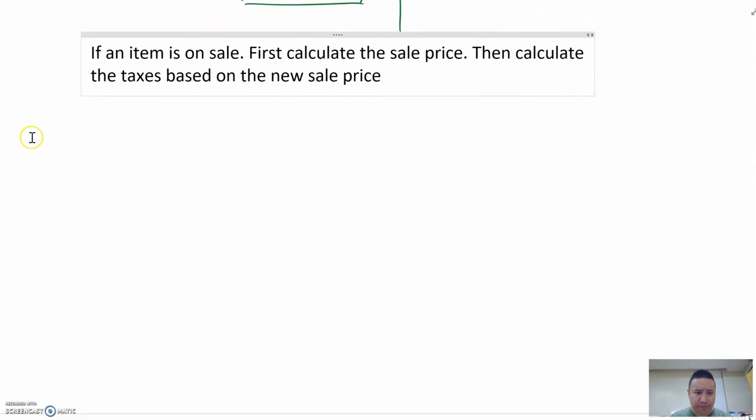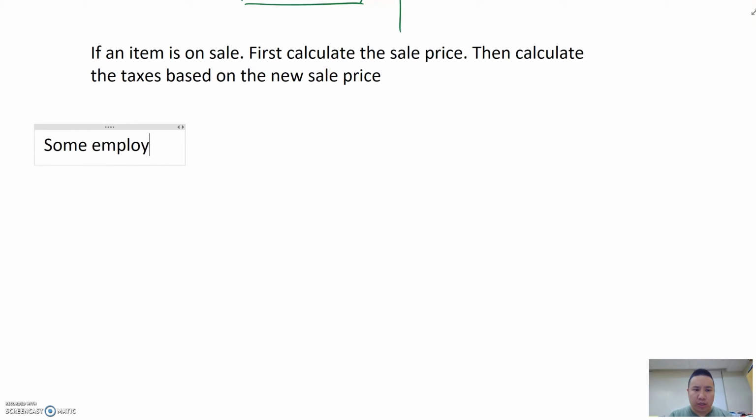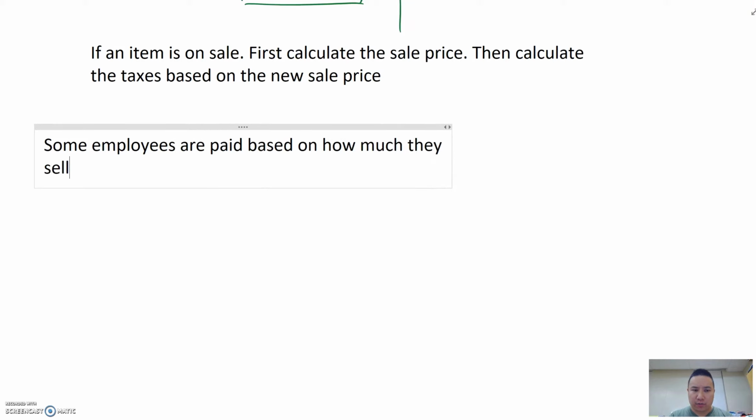We're going to talk about commission. So some of you may have heard of commission, some of you may have not. I'll give you a brief little description here that some employees are paid based on how much they sell.